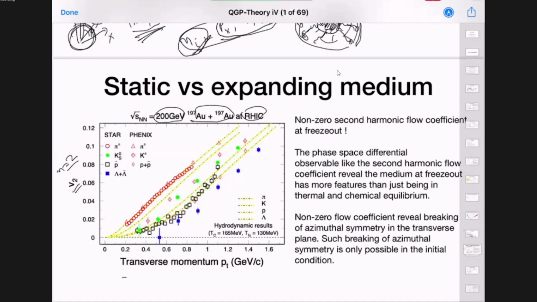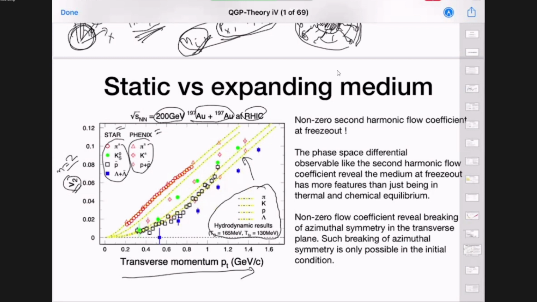What you have here is the transverse momentum pT and the second Fourier harmonic coefficient. Here are data from the STAR and PHENIX experiments, for different hadrons. Also, we have some model calculations from a hydrodynamic framework, which are these lines.